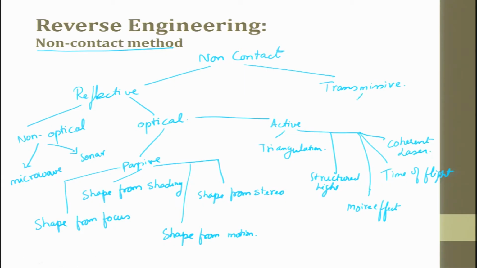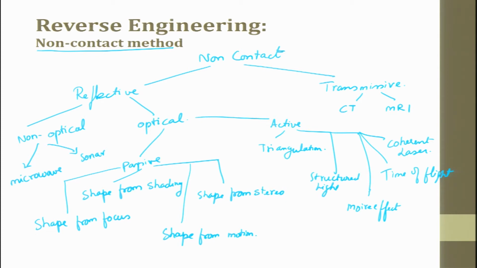Okay. So, for transmissive we use CT or MRI, computer tomography, or magnetic resonance imaging. Okay. So, this is the classification of non-contact methods.